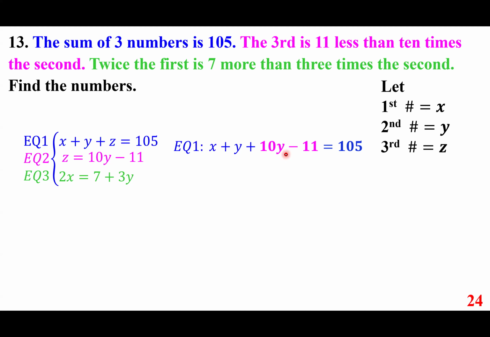When I do that, I get x plus 11y equals 116. And I'm going to say this is equation number 4. I give it a name, equation number 4, everybody.